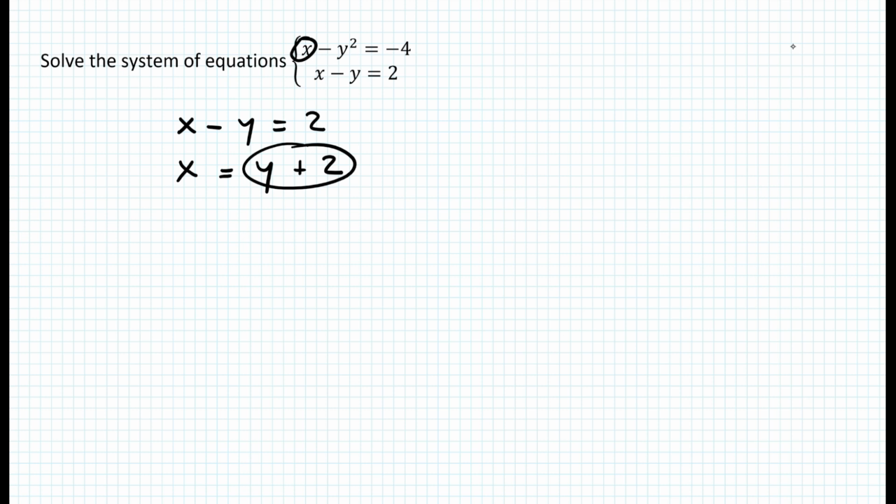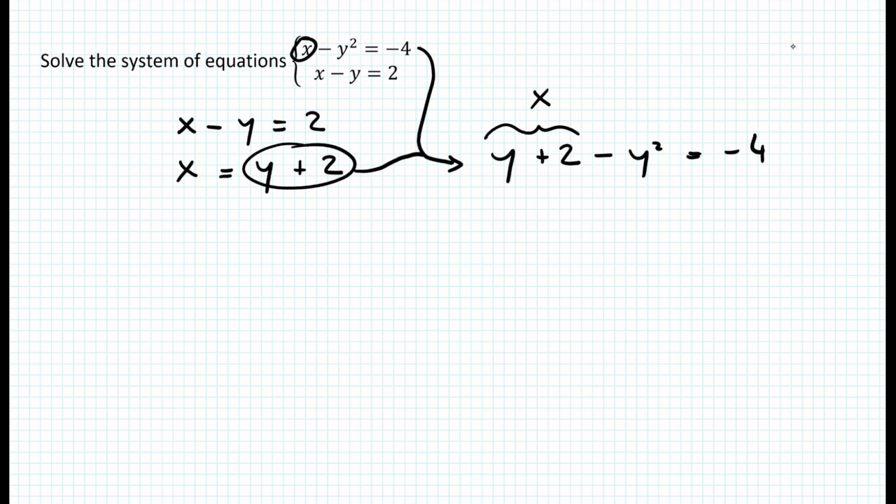So let me write an arrow like this and one like this, because we're actually combining these by substituting. So we have y plus 2 and now minus y squared equal to -4, okay? So again, keep in mind that this is the same as x, so let me write this in, that is equal to x.